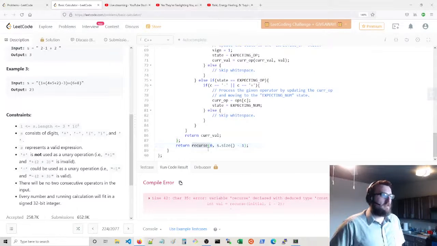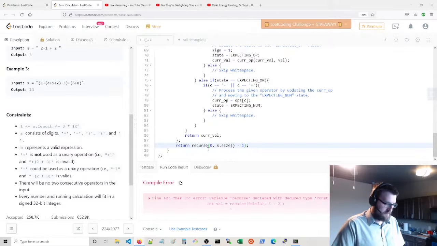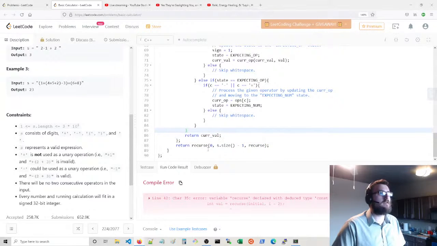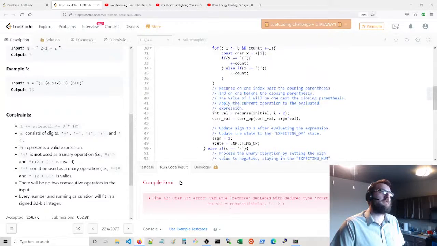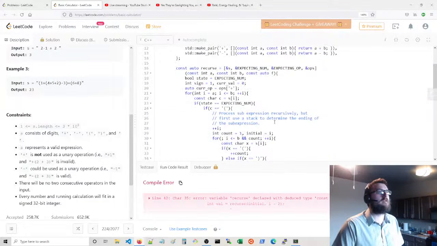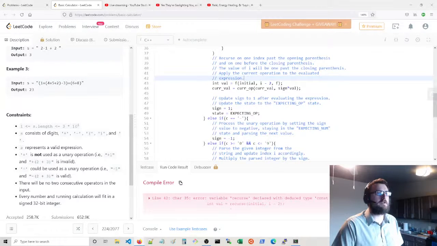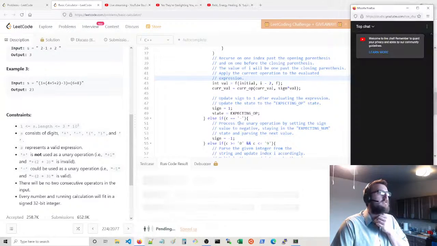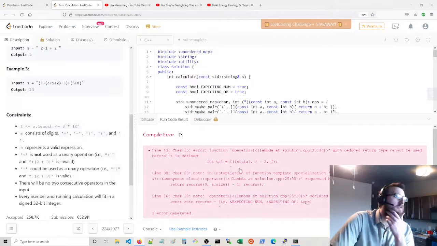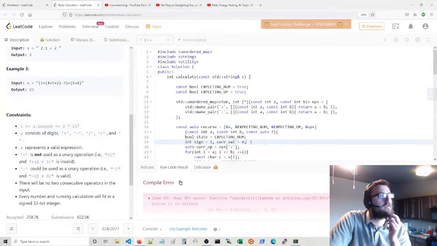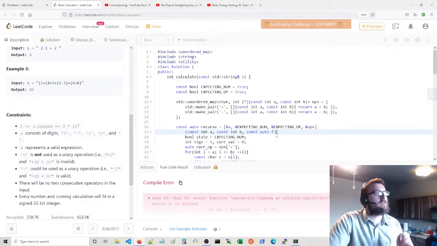And I forgot. Where's Recurse? I think you only call that once recursively. Oh.